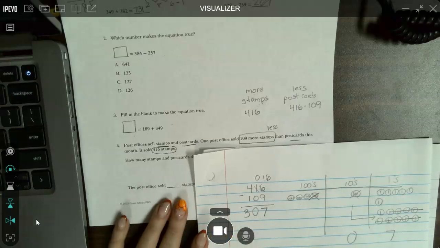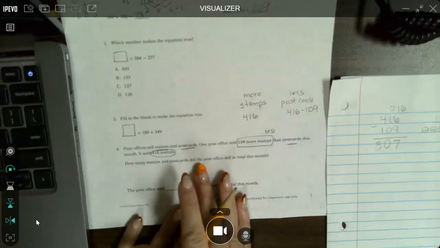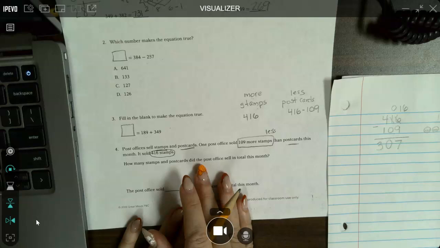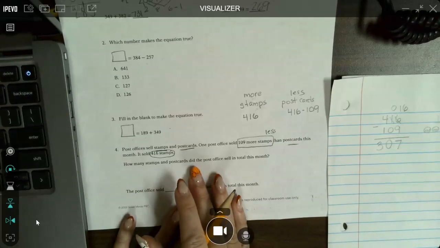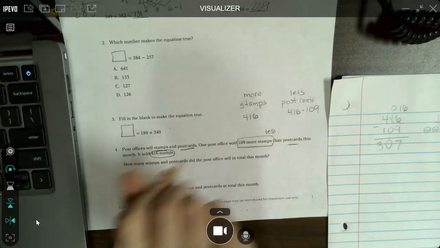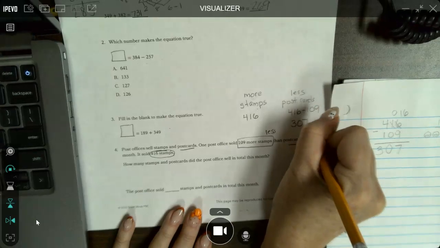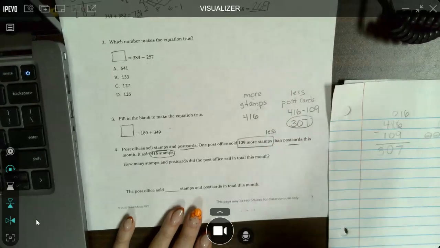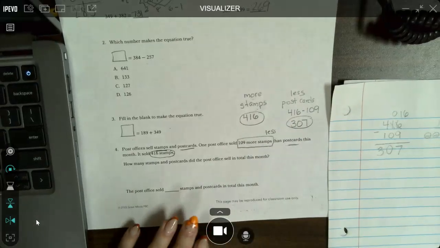Now then, here is the other thing that is crucial. A lot of students on a multi-step problem are bright enough to make it through the first part, and then they think they're finished. But we need to continue reading what is the question asking. We know now that we've sold 307 postcards, and we know we sold 416 stamps.